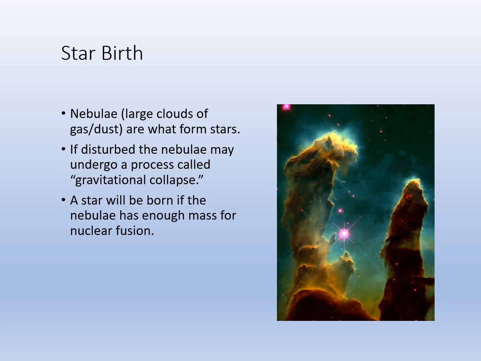Like we mentioned, these nebula, and that's a famous nebula. That picture's from the Hubble telescope, named after Hubble, who used the redshift. That's called the Pillars of Creation. Those are nebula, hydrogen gas, forming stars. So that gravitational collapse is that nebula forming a star.